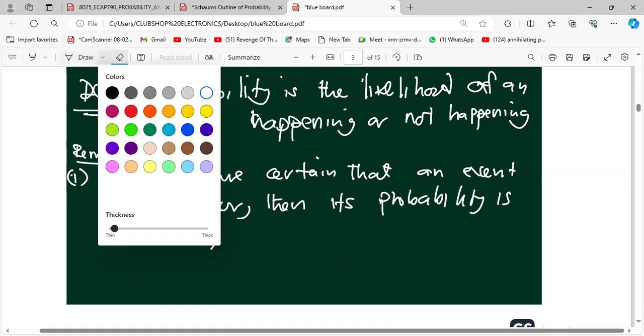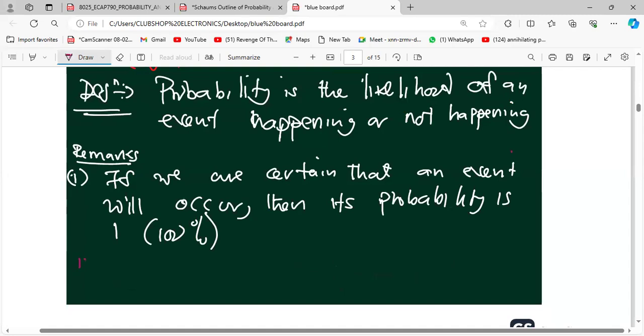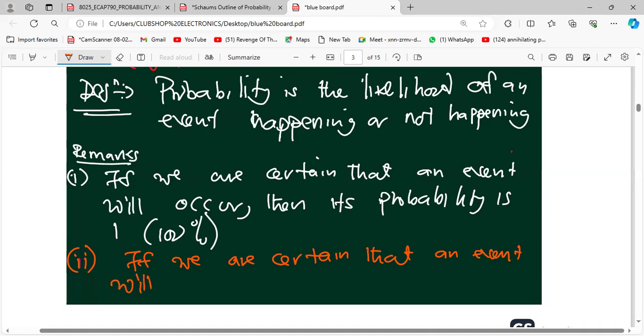Then the converse is, if we are certain that an event will not happen, will not occur, then its probability of occurring is 0 or 0%.